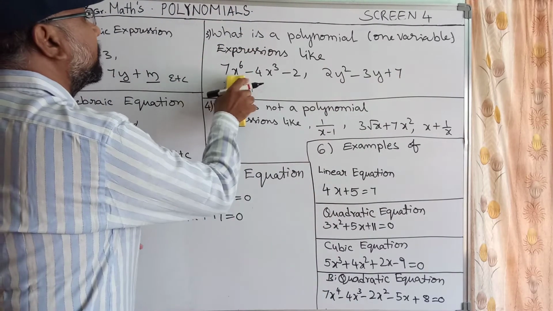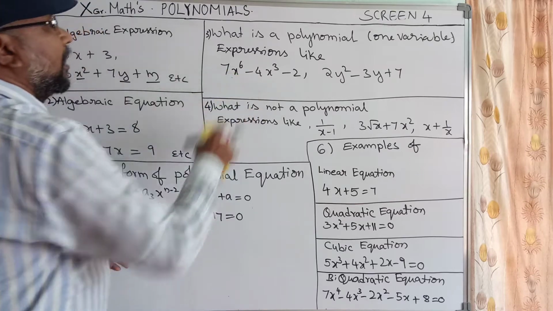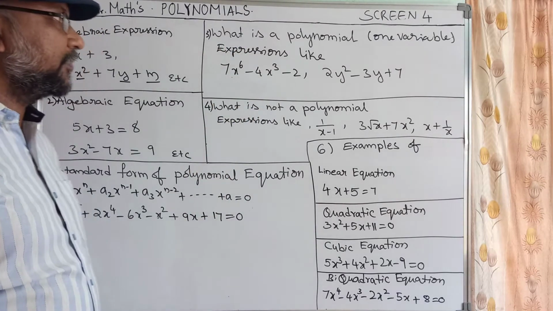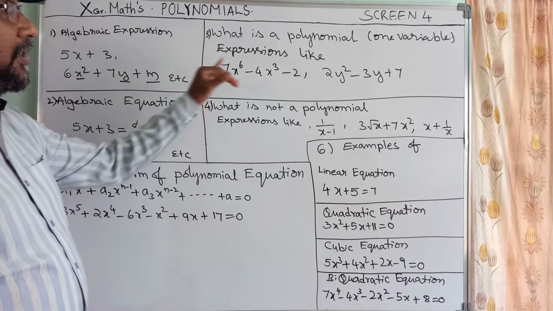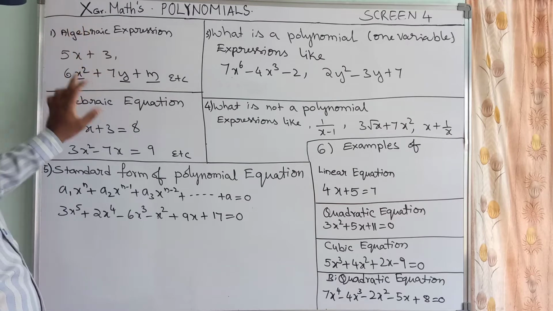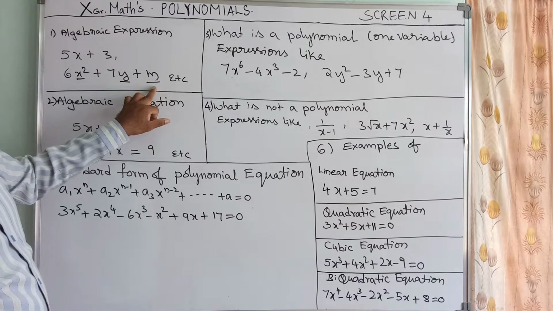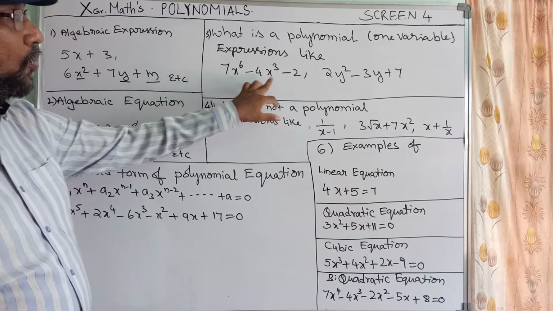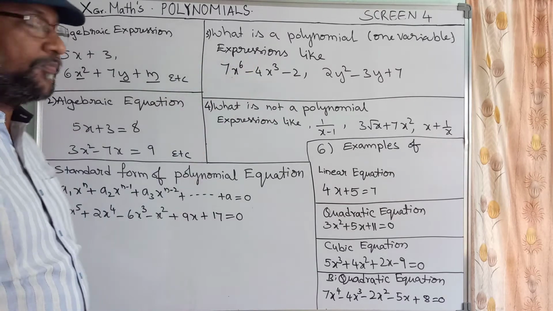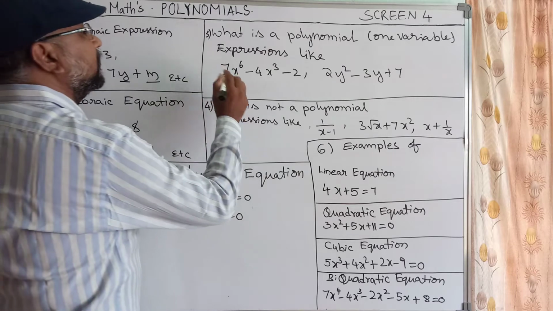They are considered as polynomial expressions in one variable. Here in algebraic expression, you can see different variables. But here you can see only one variable, in decreasing order of the variable.